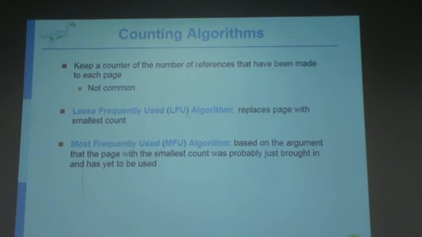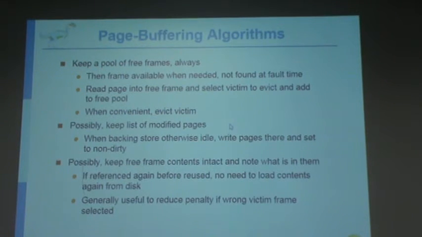In such a counting algorithm, there are two parts. One is the least frequently used algorithm and the most frequently used algorithm. That's already discussed in the LRU algorithm and most recently used algorithm. But it's a counting, not instead of time, it's the number of frequency.